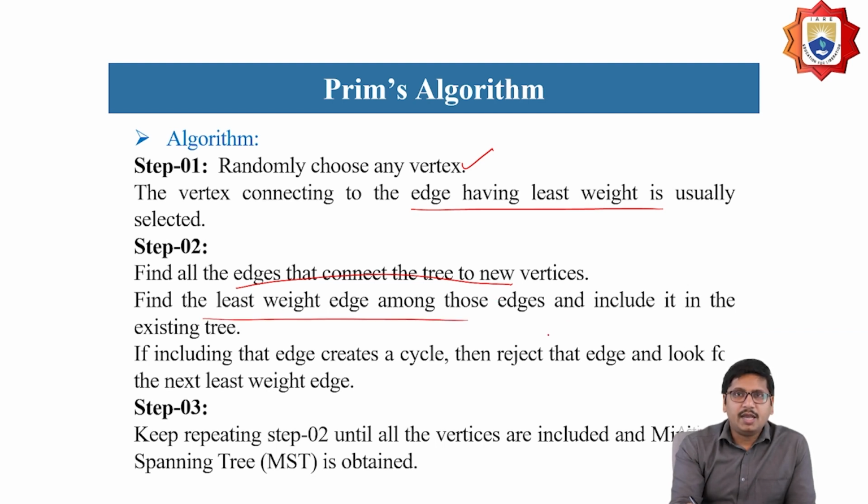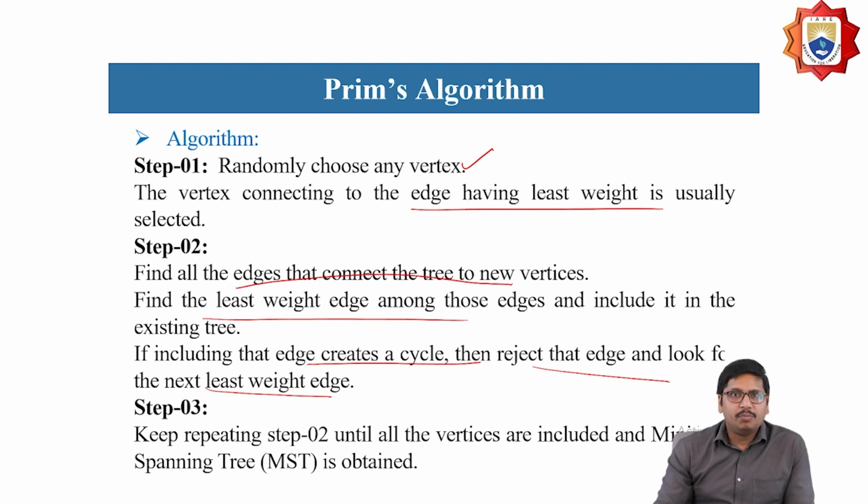Find the least weight edge among those and include it in the existing tree. If including the edge creates a cycle, then reject that edge and look forward to the next minimum weight edge. Keep repeating these steps until all the vertices are included in the minimum spanning tree that is obtained.